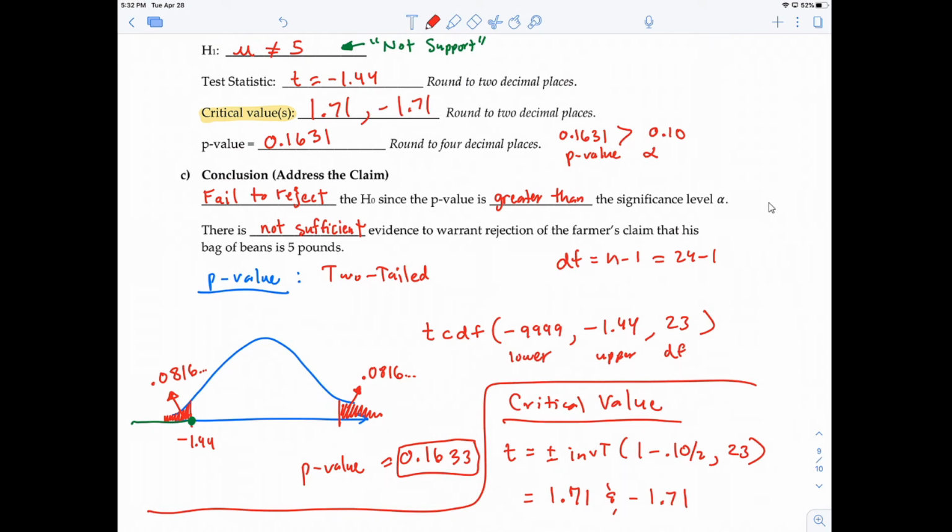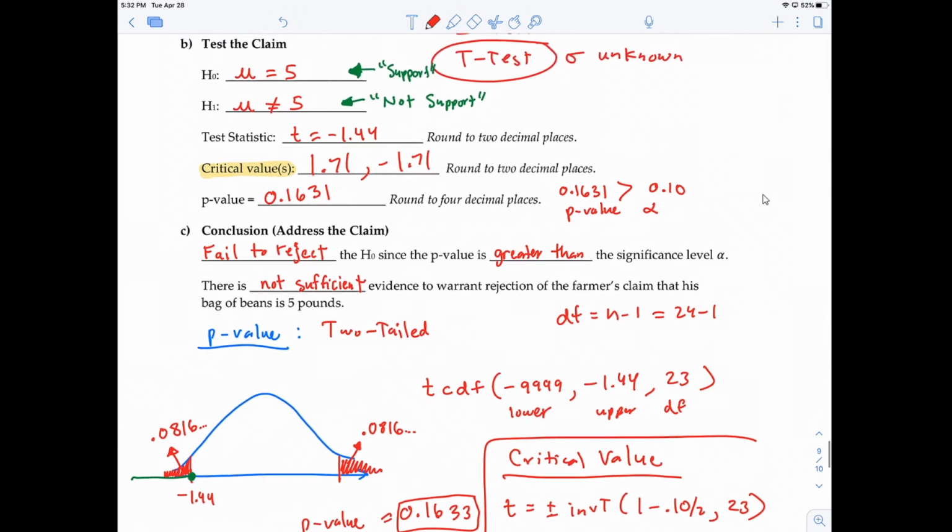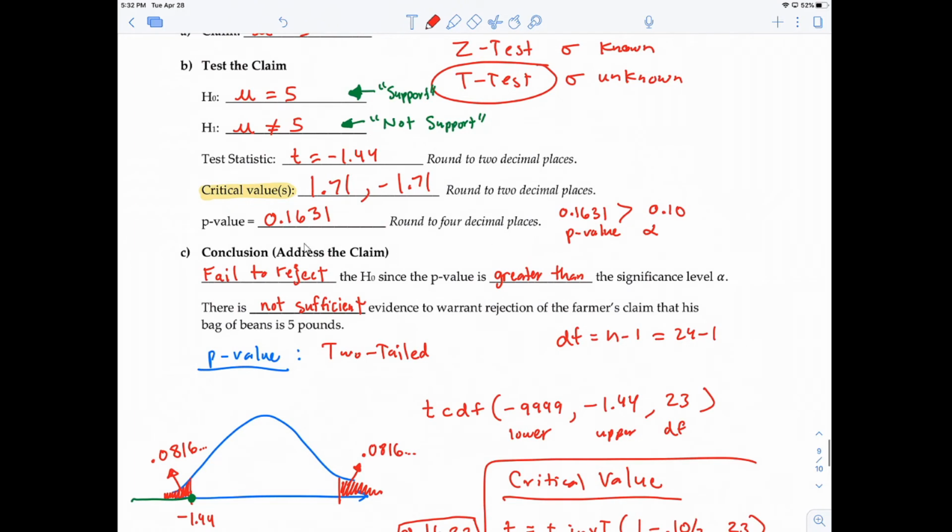All right. And then finally, for this problem, remember how we used the p-value method to figure out whether we reject the null or fail to reject the null? That's where we compare the p-value to alpha. Now we're going to look at the critical value method. In that method, we compare the absolute value of the TS to the absolute value of the CV.